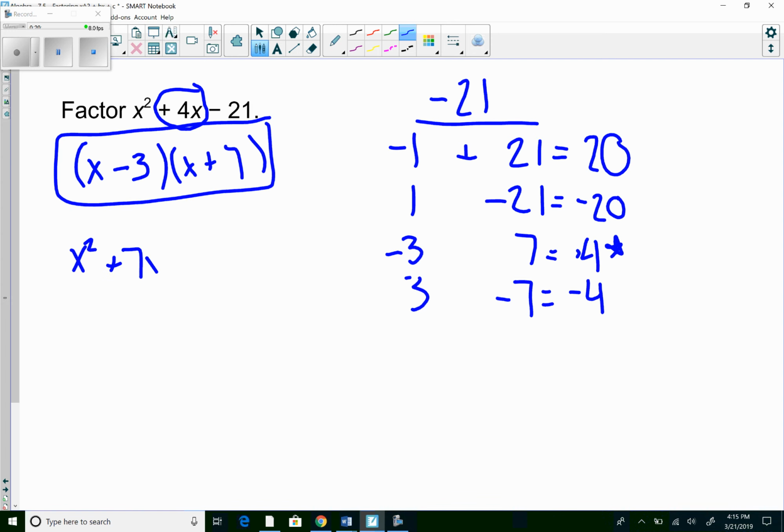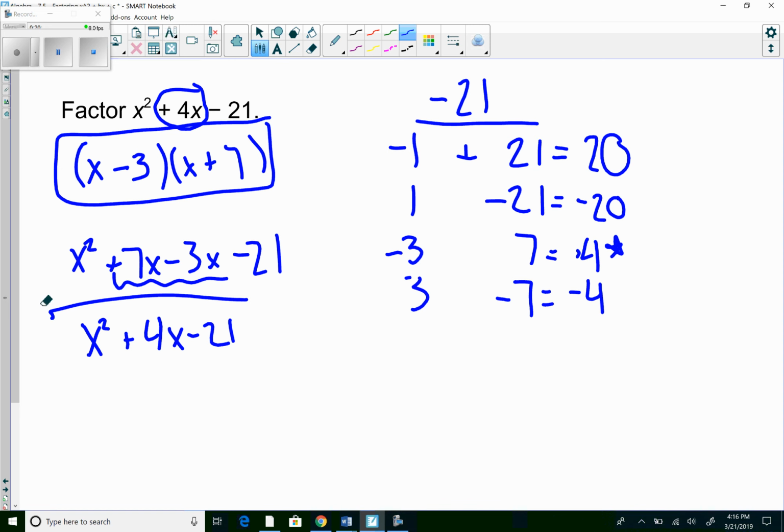Then I've got 7x, I've got -3x, and I've got -21. I combine these, +7, -3, that's going to be +4. Really, really pay attention to the signs, you guys.